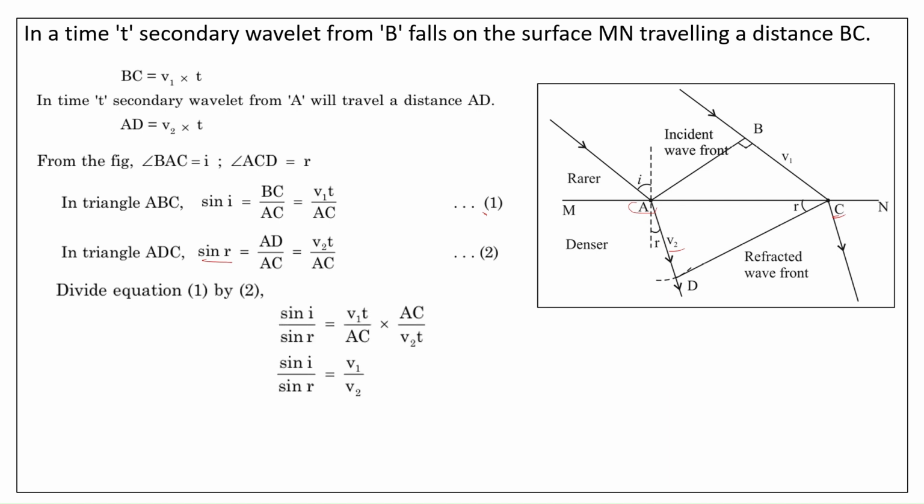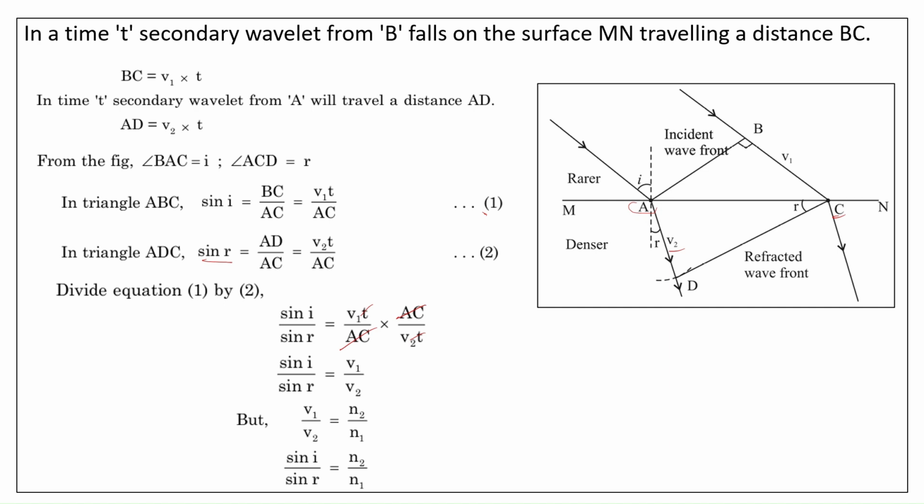Now, dividing sin i by sin r, we get sin i by sin r is equal to V1 t by AC into AC by V2 t. Here, AC cancels and t also cancels. So we get sin i by sin r is equal to V1 by V2.